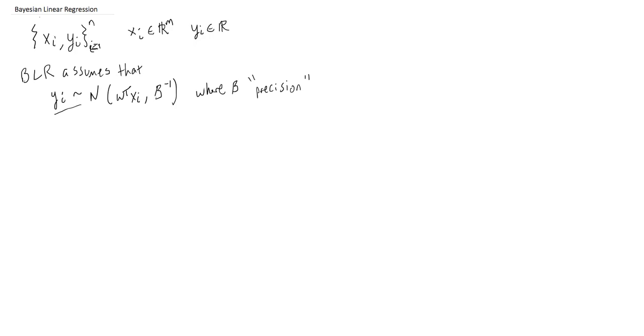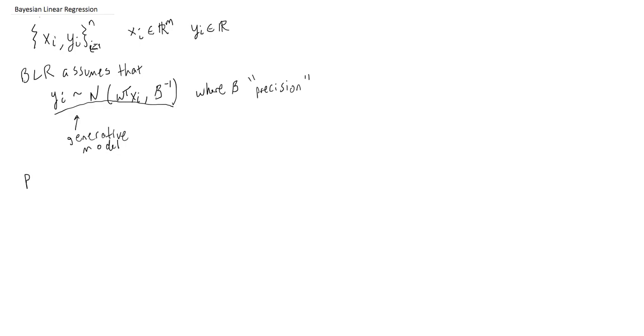So this is what Bayesian linear regression assumes, and this is known as a generative model. That's because it assumes that y's are generated in a particular fashion. It says it knows how the data is generated.